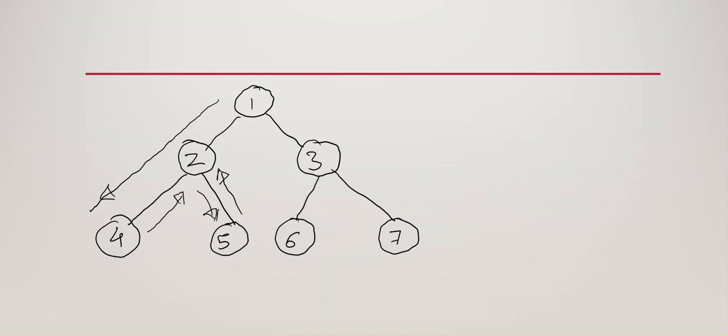First, we will check whether the root node, that is this one, has the passed data. So we have two things. Let us say our function name is search bt.